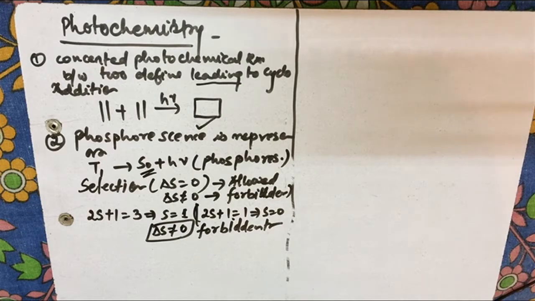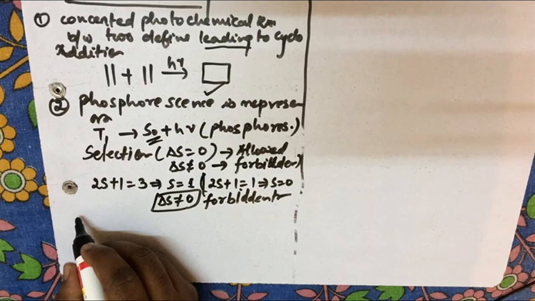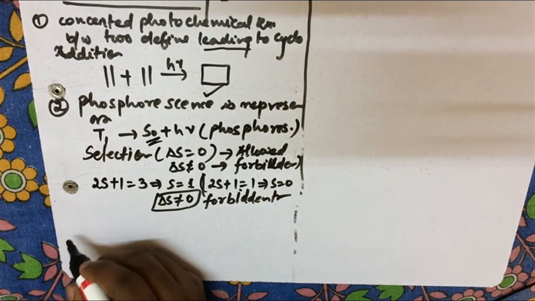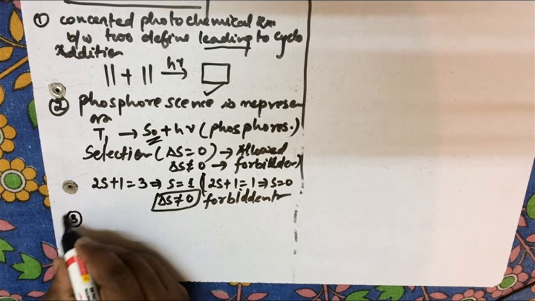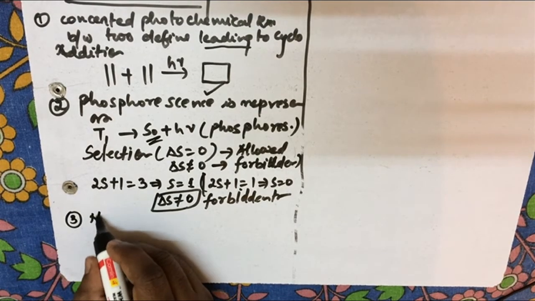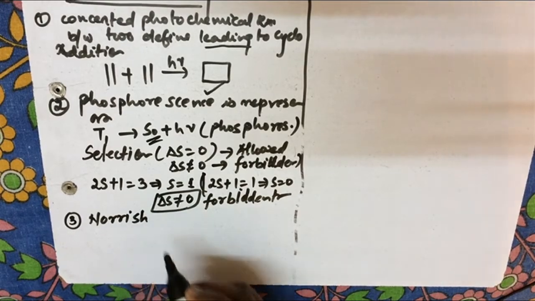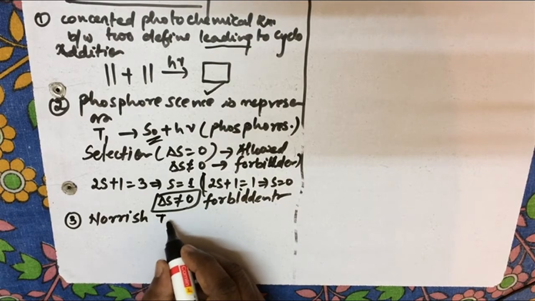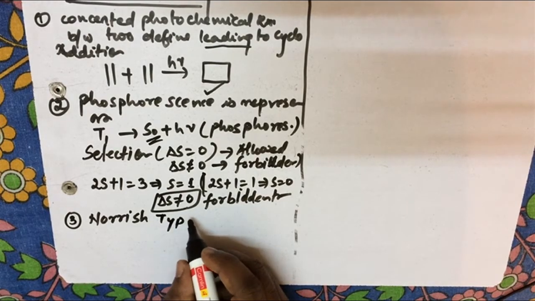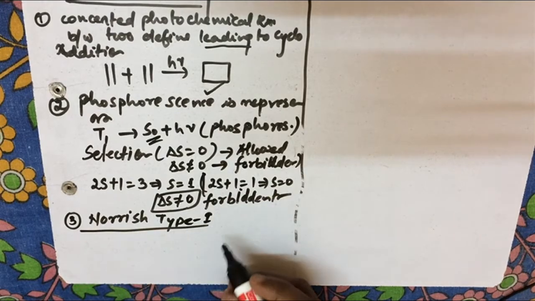Now we move to another point which is very important. Another point is the Norrish Type 1 reaction. So what is Norrish Type 1?